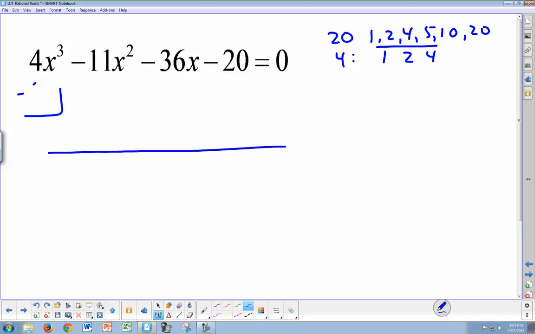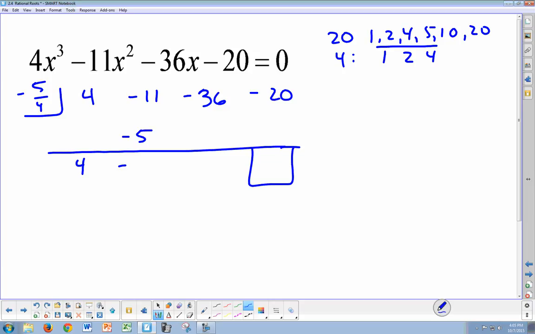That's negative 5/4, and we know it's going to work, so that's a 4, negative 11, negative 36, and negative 20. We know this is going to work because the calculator told us so. So 4, this is going to be negative 5, negative 16. Cancel that, and we get positive 20. That gives us a negative 16, and another positive 20.